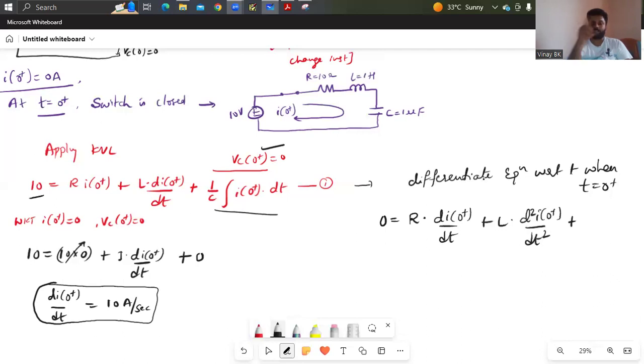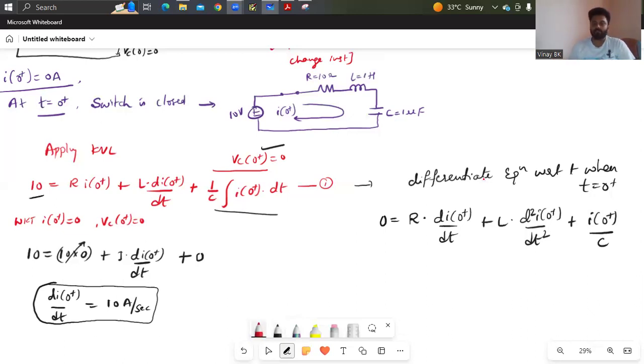Plus the differentiation of the last term. Differentiation and integration will get cancelled, so you get I of 0 plus divided by C. You already know the value of I of 0 plus is 0, and di of 0 plus by dt is 10 ampere per second.